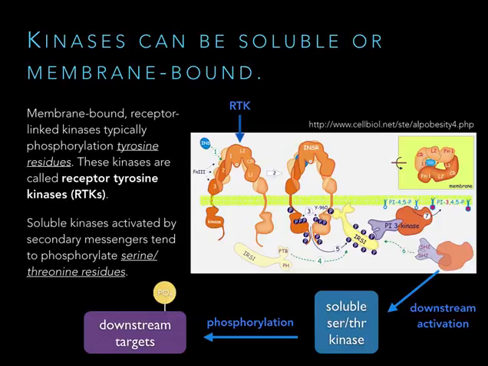And almost without exception, these are going to phosphorylate tyrosine residues. So the receptor kinases almost always phosphorylate tyrosine residues. Once you move away from the membrane, though, and you're soluble, those kinases tend to be serine and threonine kinases. So they phosphorylate different amino acids when they're soluble.